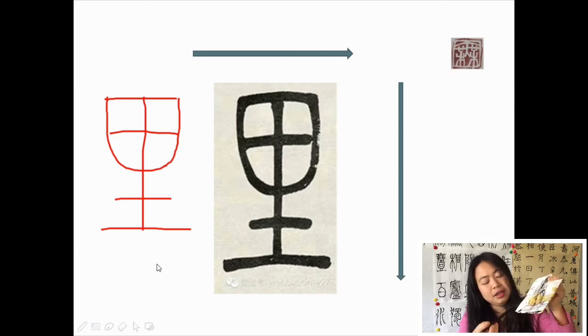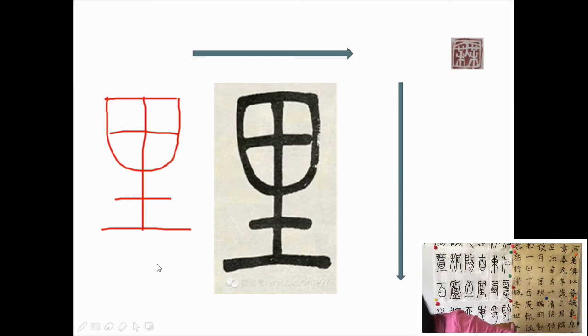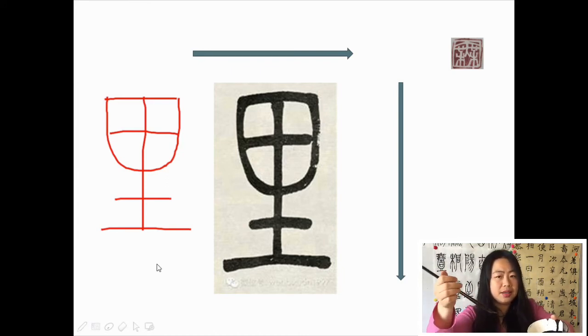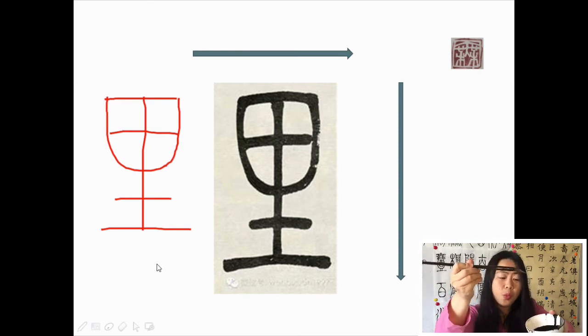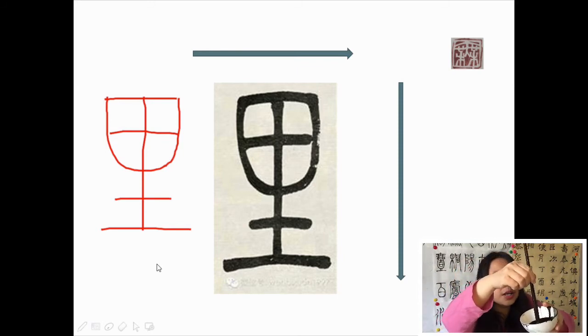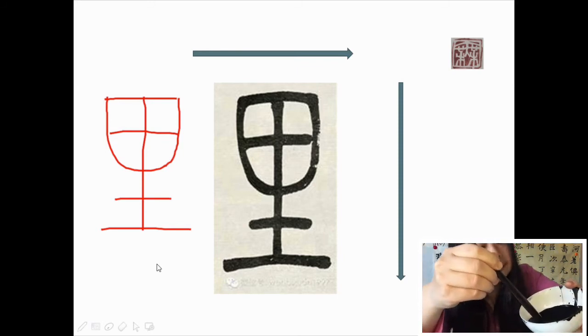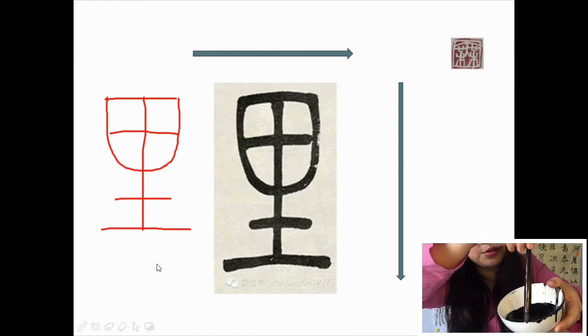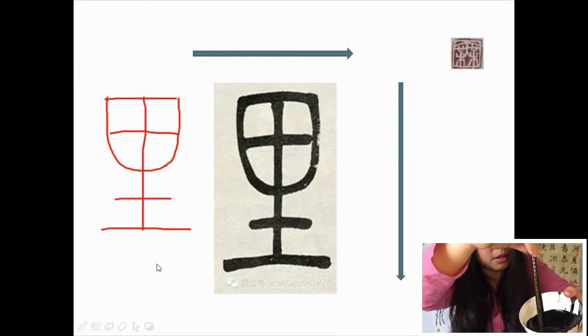Now we need some ink. This is ink. We put 1/3 of the brush into the ink. Only 1/3. You can see it, right?